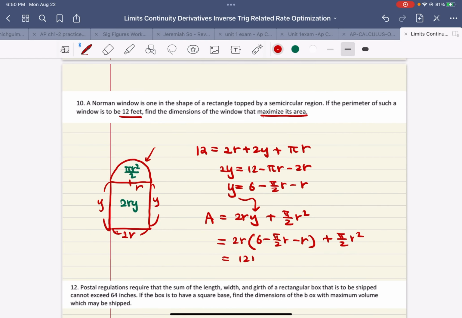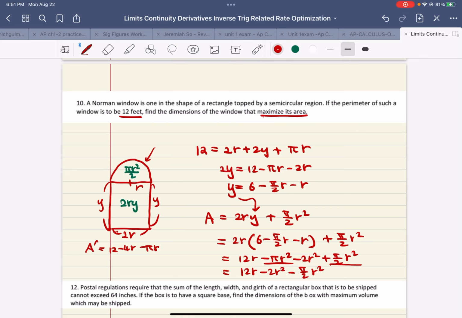When you multiply, 12r minus pi r squared minus 2r squared plus pi over 2 r squared. So you can simplify further. Those are like terms. So 12r minus 2r squared minus pi over 2 r squared. Now let's take the derivative. So 12 minus 4r minus pi r, like that, when you take the derivative in terms of r.